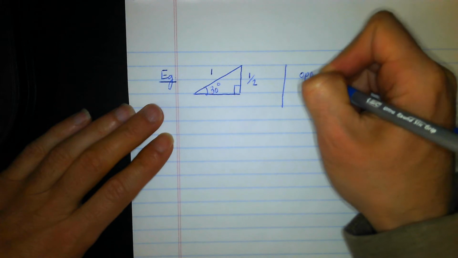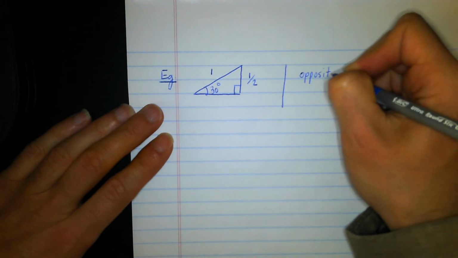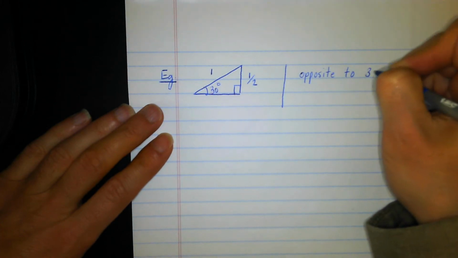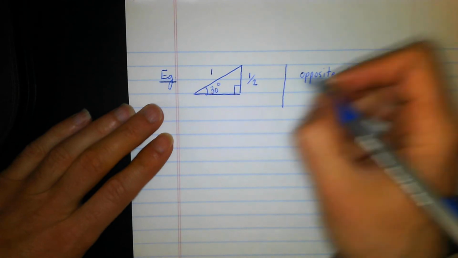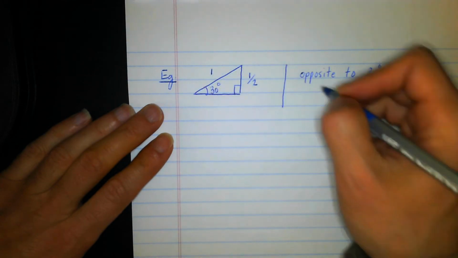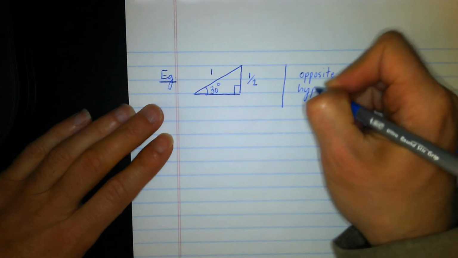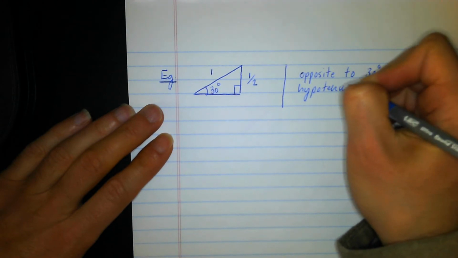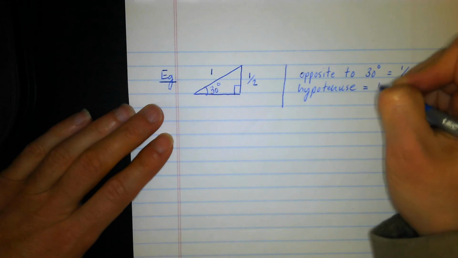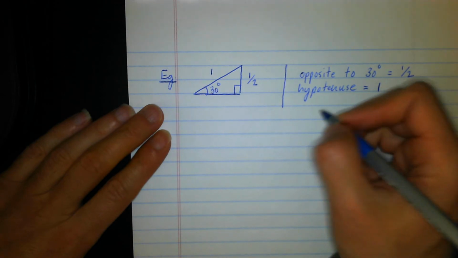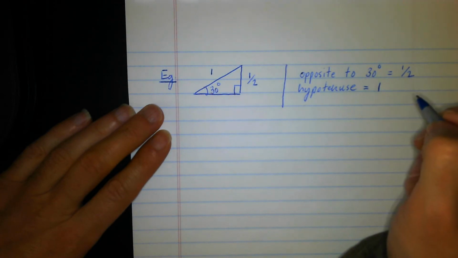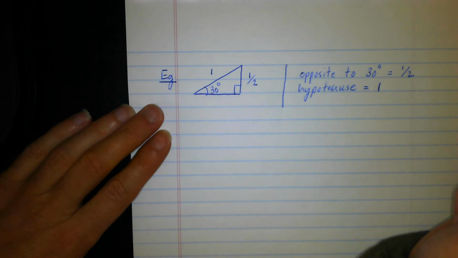So we have opposite to 30 degrees equals 1/2. And then I have this hypotenuse here. I've got a hypotenuse equal to 1. And then at this point, if I were to use the trigonometric functions, well, I know that sine is equal to opposite over hypotenuse.